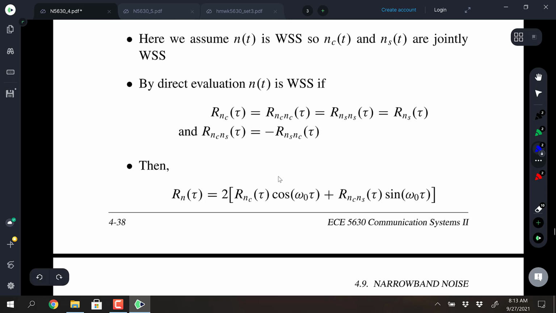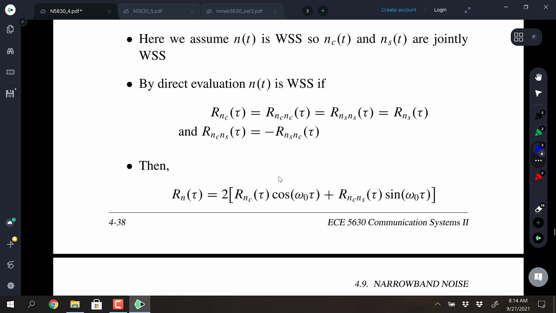So if we go ahead and get the relationships between the autocorrelation functions, we'll abbreviate the autocorrelation of n_c, the cosine or in-phase, with itself, and n_s is also going to be the same quantity because of the symmetry. And then we have the cross correlation between the in-phase and the quadrature components.